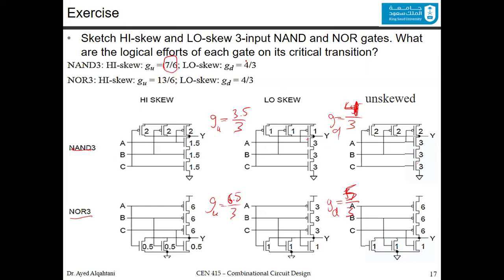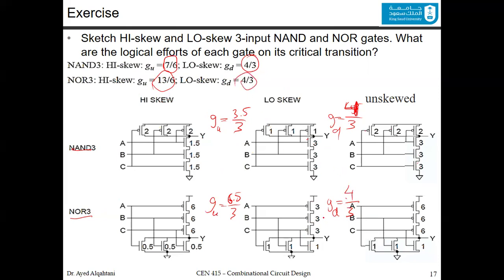This one is 4/3. Now for the NOR, 6.5/3, and if you multiply by 2, you get 13/6. And this one is 4/3, since 3 and 1 is 4.